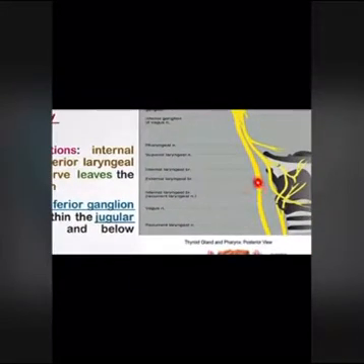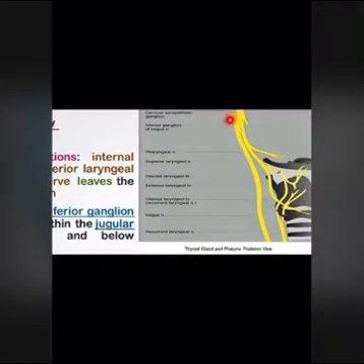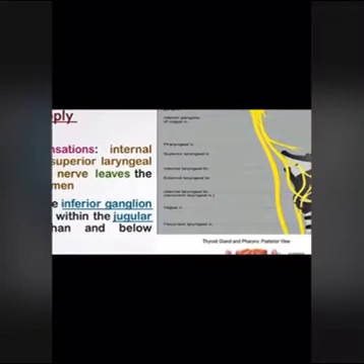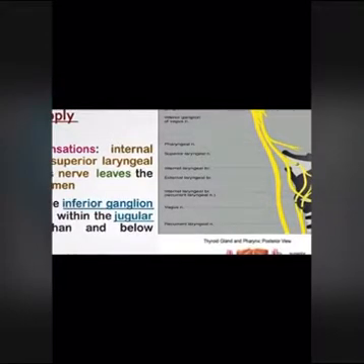This is the vagus nerve, and this is the inferior ganglion of the vagus nerve. Inferior ganglion of the vagus nerve and the superior ganglion. This is the internal laryngeal part, and this is the external laryngeal part.